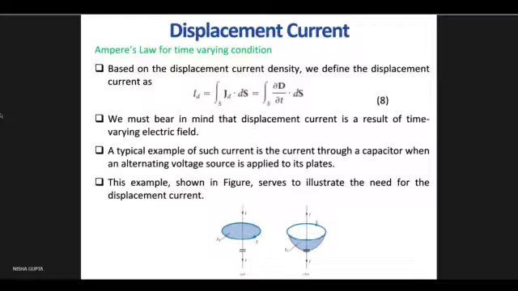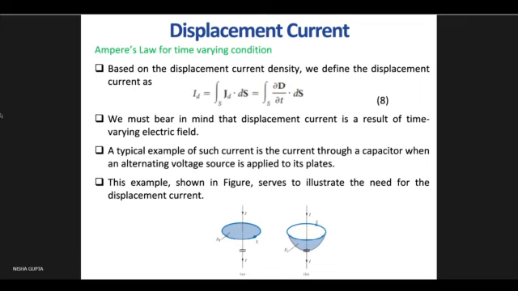You can see that, based on the displacement current density, we define the displacement current. Displacement current density is JD. So ID will be defined if we take the surface integral of this JD. Since JD is del D by del t, we can substitute it and write this equation as the surface integral of del D by del t dot ds.